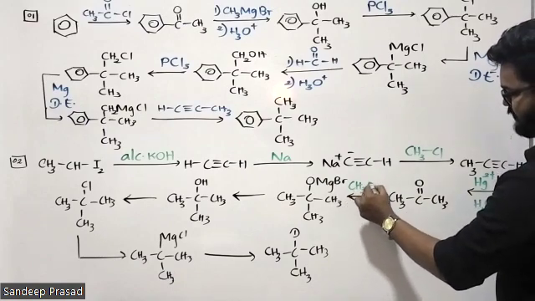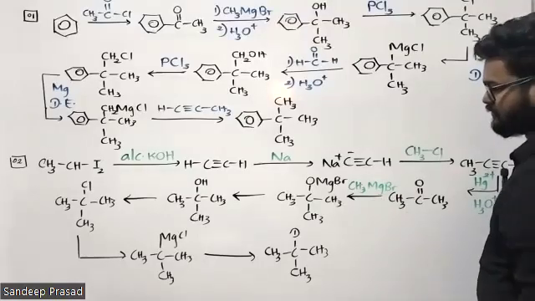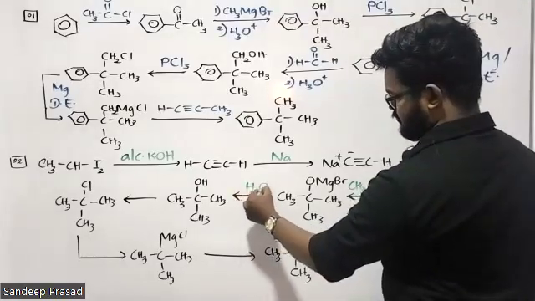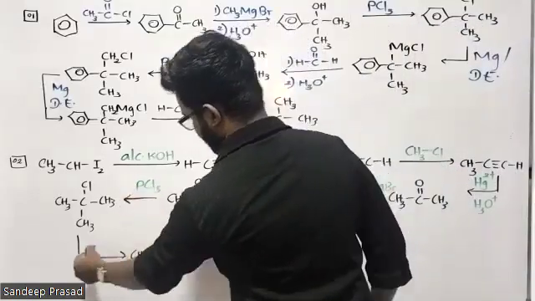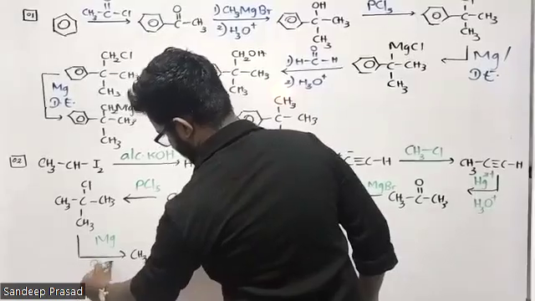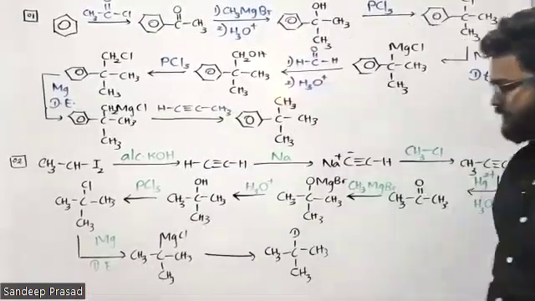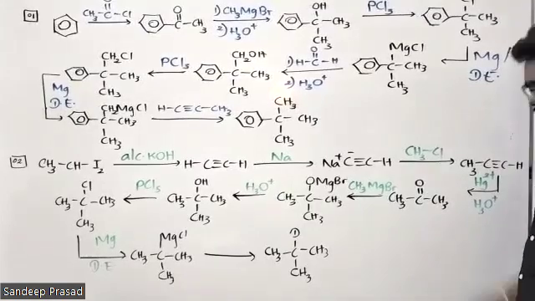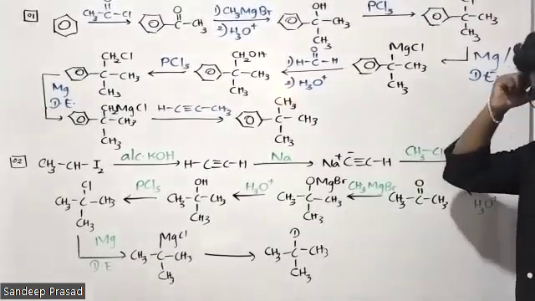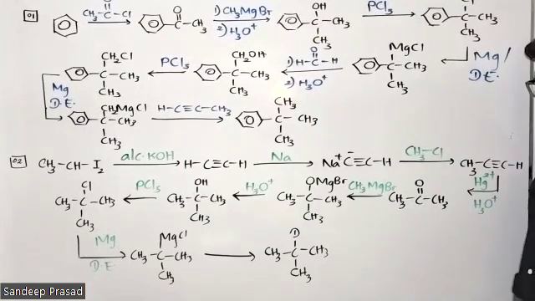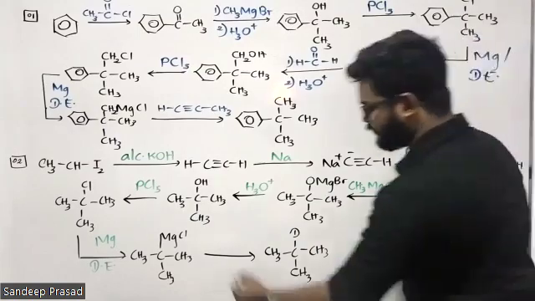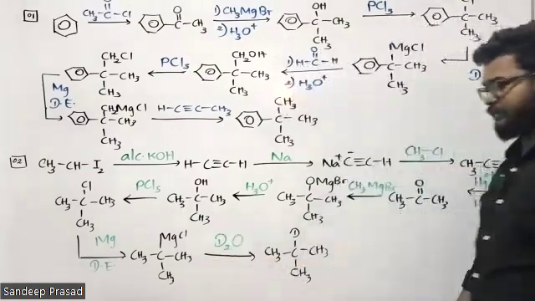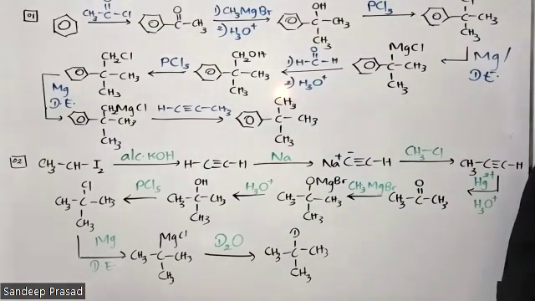Here we can add CH3MgBr, H3O plus. PCl5, magnesium dry ether. And what is the compound we have to add here? So a D atom is connected here. Yes, D2O. We have to add D2O.